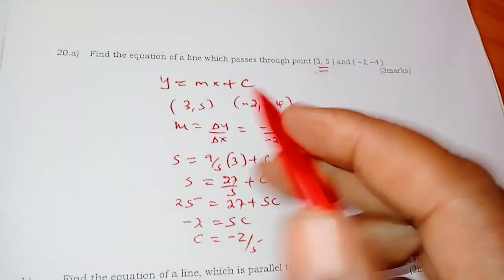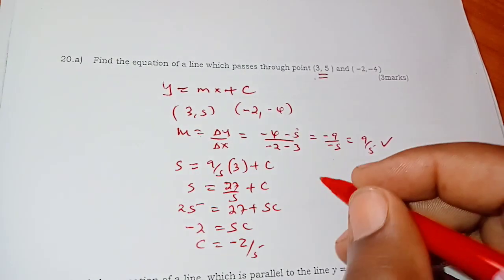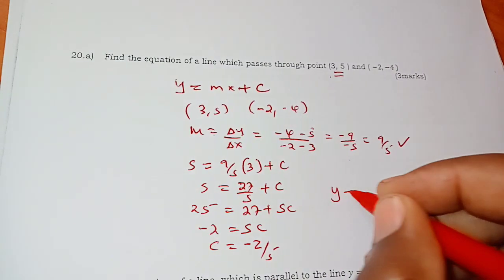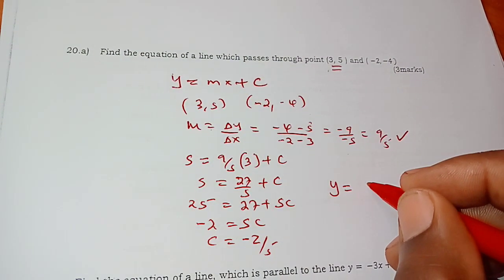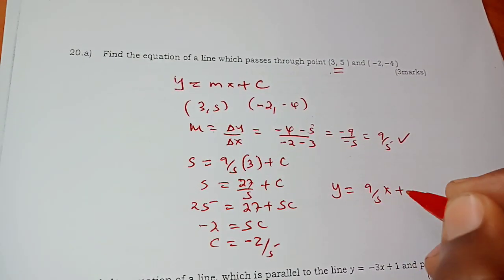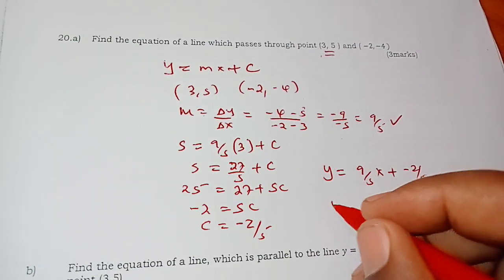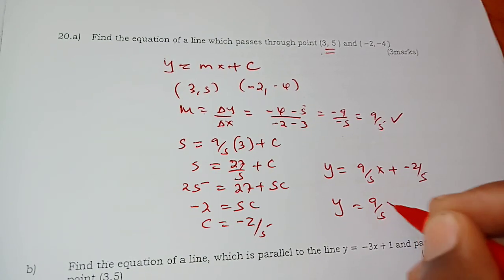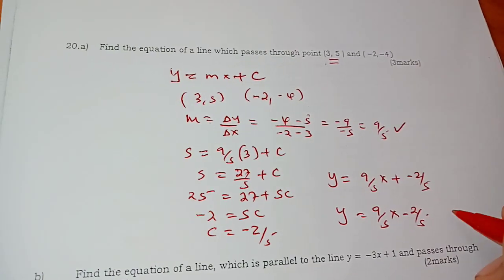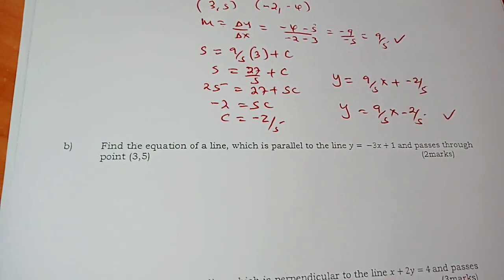To get the equation, we substitute them, maintaining y and x. So y equals 9 over 5 x plus -2 over 5, which is 9 over 5 x minus 2 over 5. That checks. Okay, let's go to the next question.